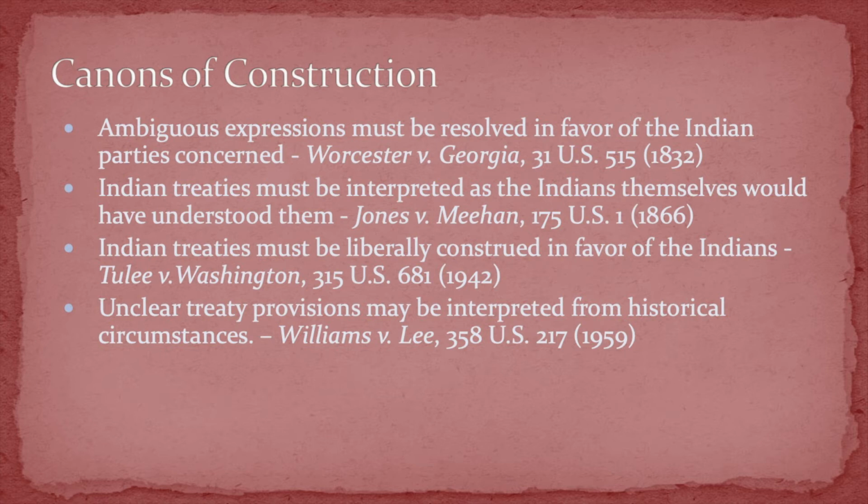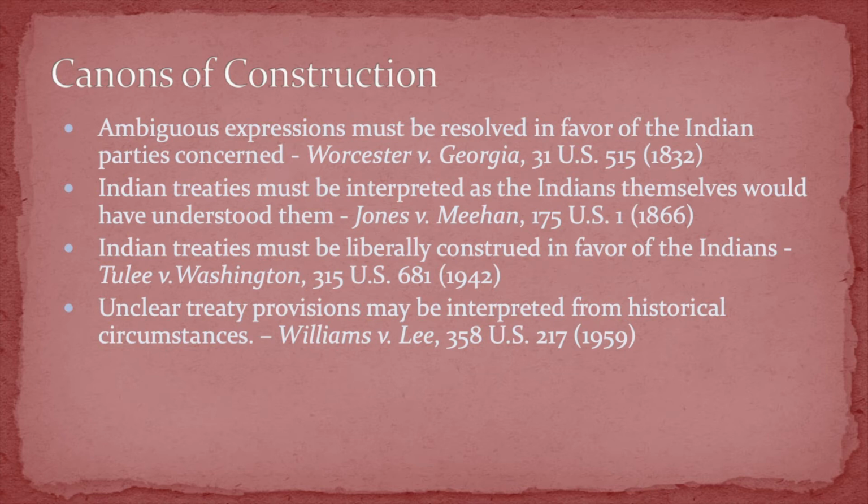So now we're addressing some of those issues that we unpacked yesterday, at least facially. The next one, Indian treaties must be interpreted as the Indians themselves would have understood them. That's different from the first because now we're talking about an overall interpretation when you're talking about boundaries or things. We're not talking about ambiguous expressions. We're talking about an overall interpretation.